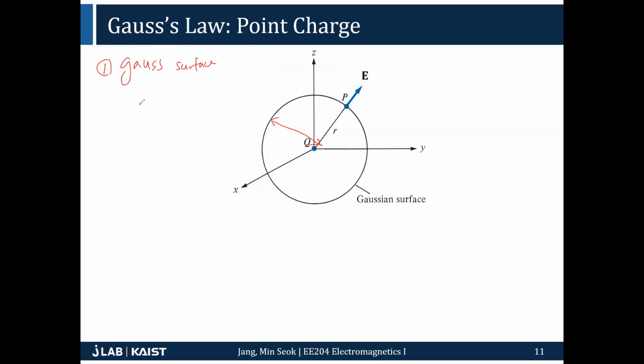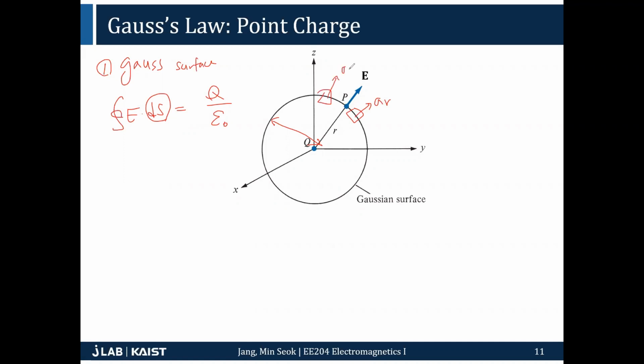Then the Gauss theorem states the integral of E dot ds is equal to Q divided by epsilon naught, right? And then for a spherical surface, ds is all along the a_r direction, right?